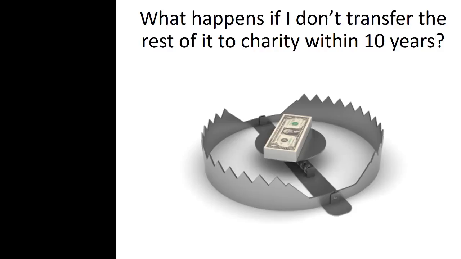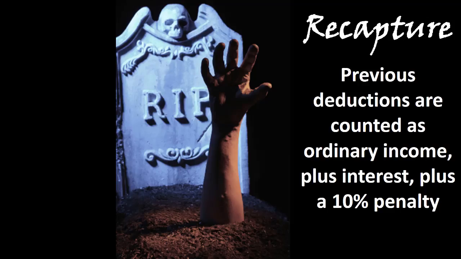Given that these rules must be followed over a 10-year period of time, it is reasonable to ask, what happens if the donor fails to transfer the rest of his interest to charity within the 10-year time period? Or similarly, what happens if the donor dies prior to the end of the 10-year period and the estate does not give the remaining interest to the charity? Violating the rules for gifts of fractional shares in tangible personal property results in recapture.